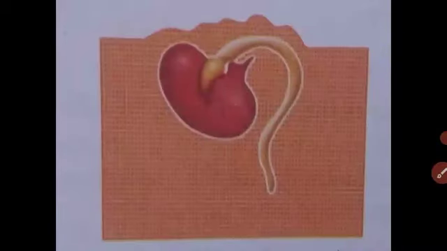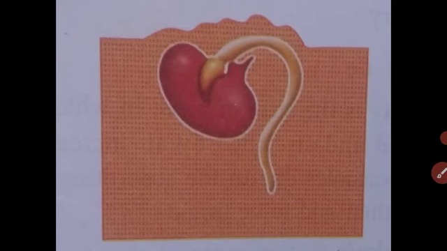See this picture. Whenever we water the seeds and the seeds are growing, the seedling has two parts, the root and the shoot part.